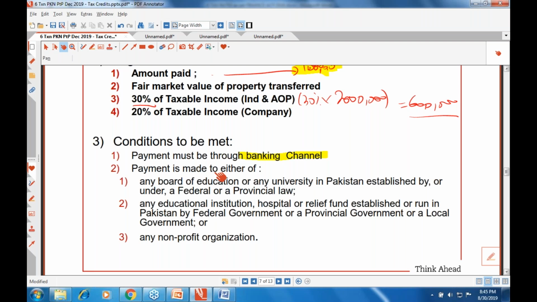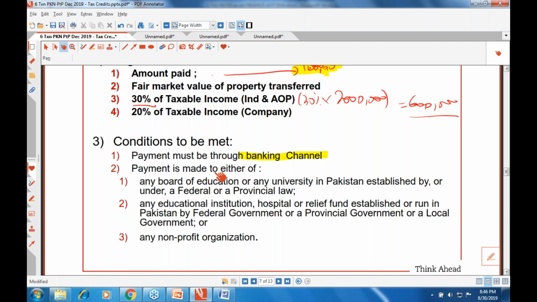Okay, so what sort of donation is claimable? The donation which is paid to the organizations which are approved is claimable. The other donations, they're not claimable. So it's important that you pay donations to the institutions which are approved, which are registered, either an NGO or an educational board or something, which are registered.